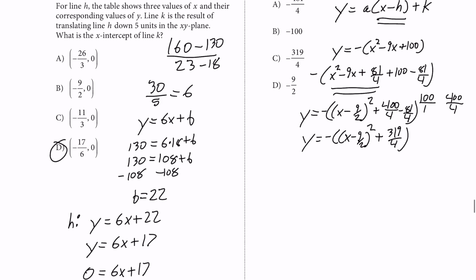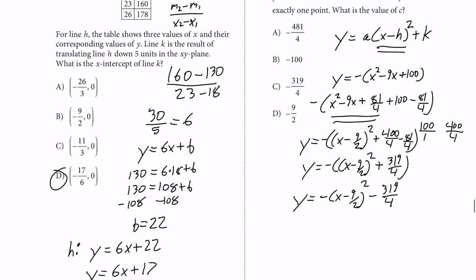We then distribute back the negative, so y equals negative x minus 9 over 2 squared minus 319 over 4. What it's asking for is the value of c, which is the vertex. In vertex form, the vertex is k. Now we can see that a equals negative 1, h equals 9 over 2, and most importantly, k is equal to negative 319 over 4. So our answer is answer choice C.